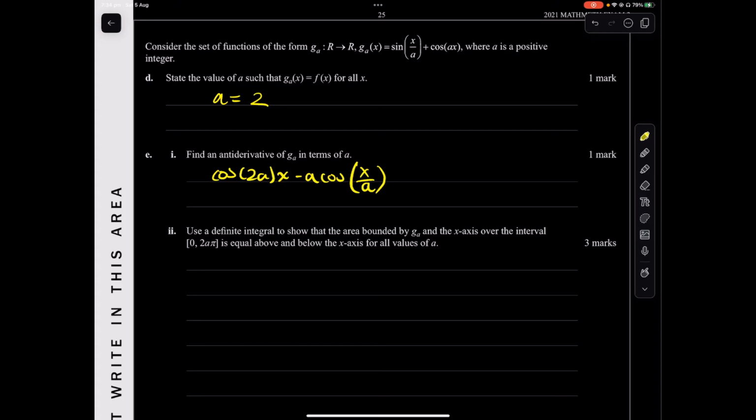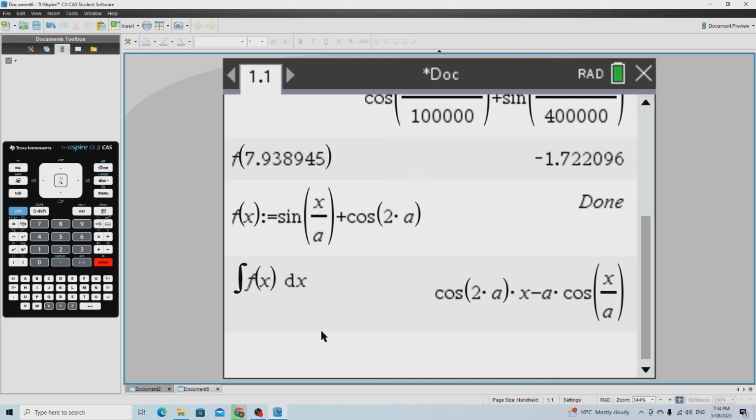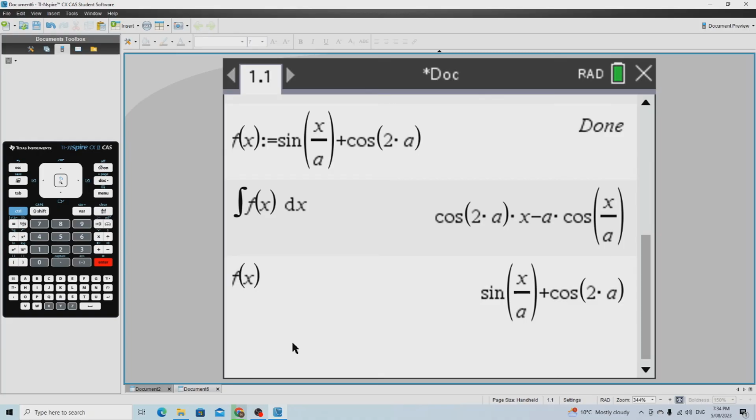Oh, is that right? No, impossible, because this will become negative cos and that'll be sine, so one of them has to have sine. Wait, it's f of x. If I just define f of x, it's that. Okay, f of x is that, and we find the antiderivative of x. Is that right?